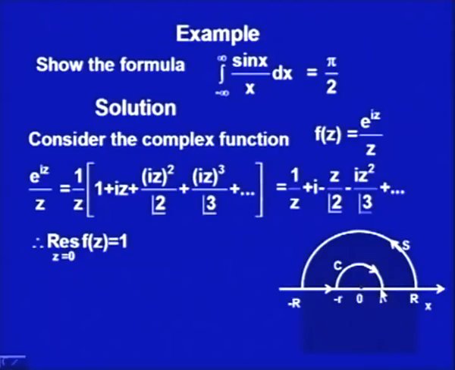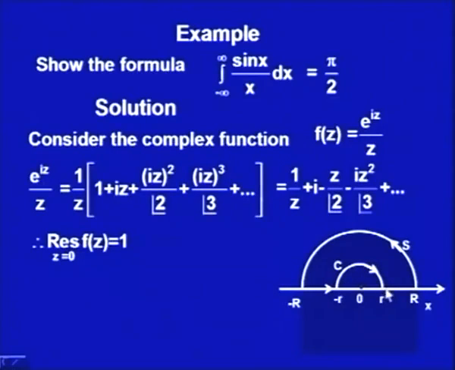Now let us start from this point, small r. From small r to capital R, then the bigger upper semicircle, then the portion of the real line from minus R to minus small r, and then the smaller semicircle in this orientation.